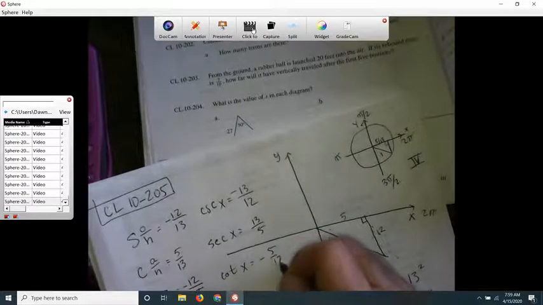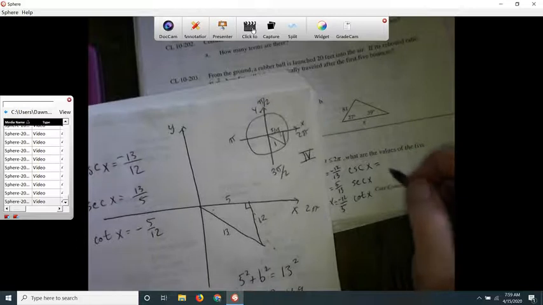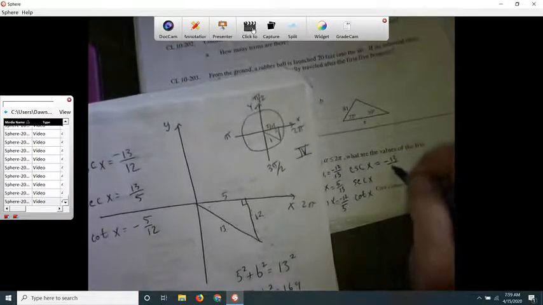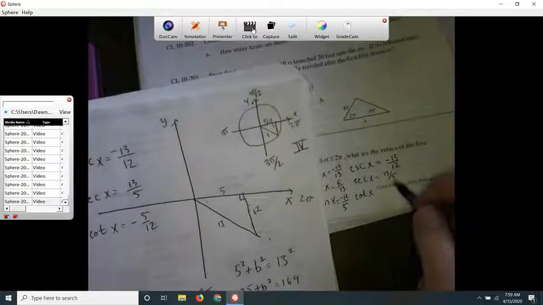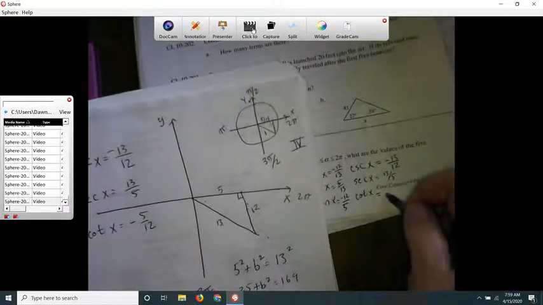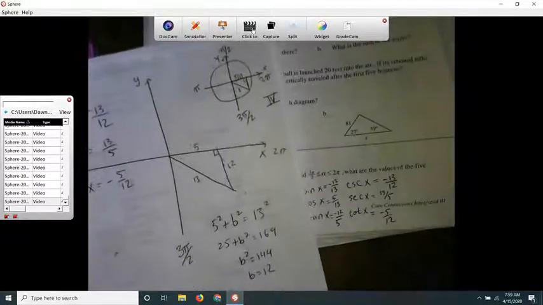Okay, so cosecant is negative 13 over 12. Secant is 13/5, and cotangent is 5/12. Like that. And let's see if that matches what they got. Yeah, so that's how I do it.